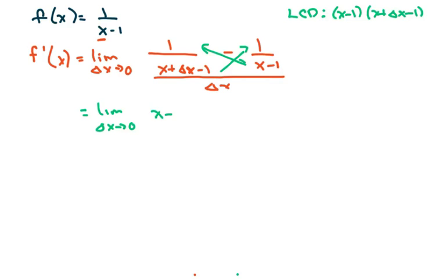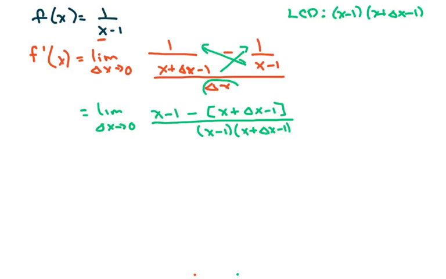So this is going to be x minus 1 minus x plus delta x minus 1. And then it's over my common denominator. And this piece I can just bring up to my common denominator, which is x delta x.